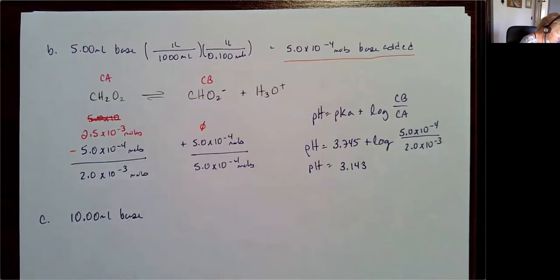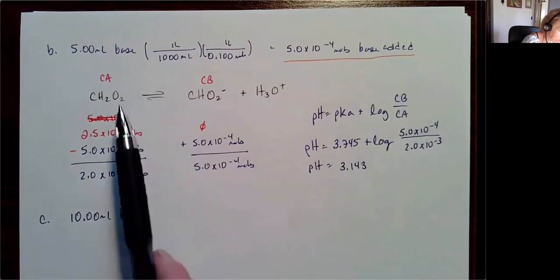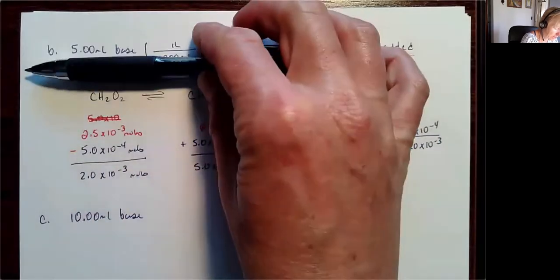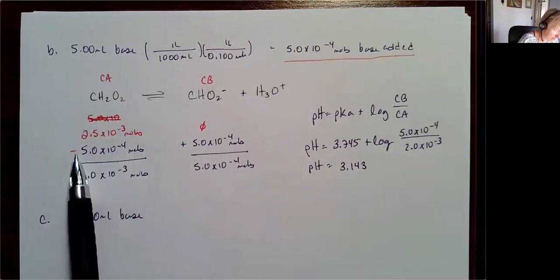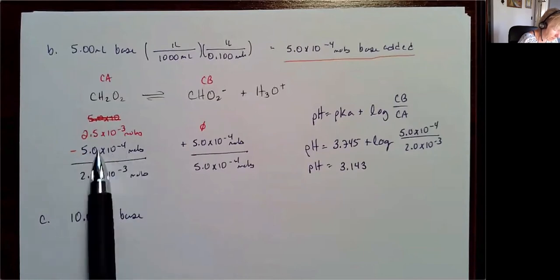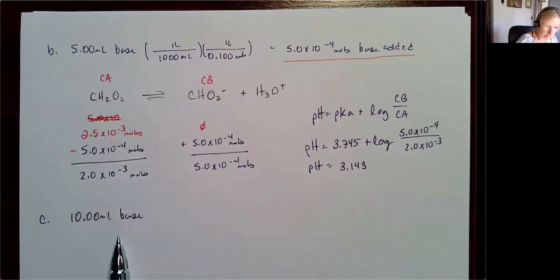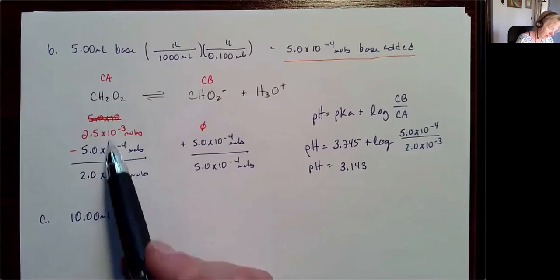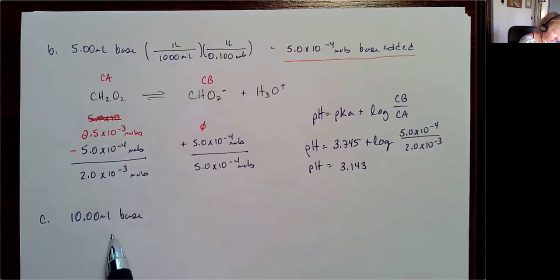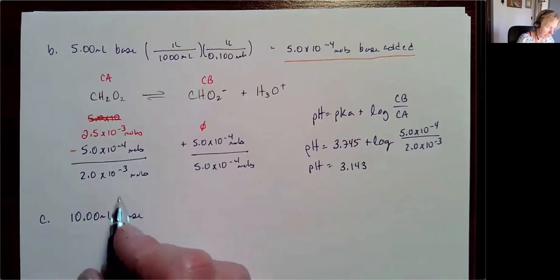What I can do is just go back and assume that I haven't added in this 5 and do this calculation all over again. But now instead of this number of moles, I'm going to have the number of moles that would correspond to 10 milliliters of base, or I could just keep a running tally. I find it can often be confusing if I'm always trying to add on to what I did before, so I might just take this as independent.